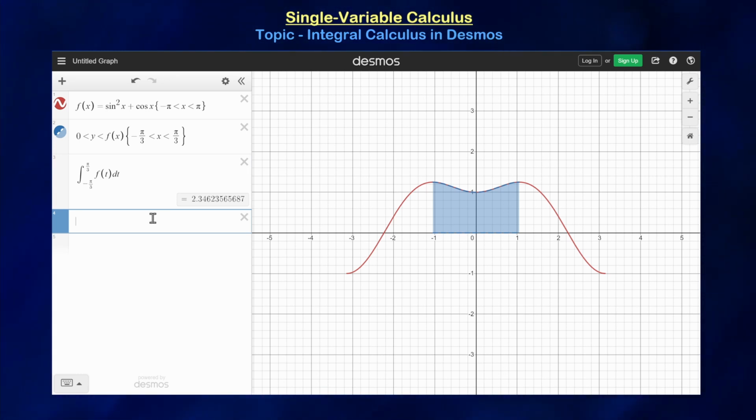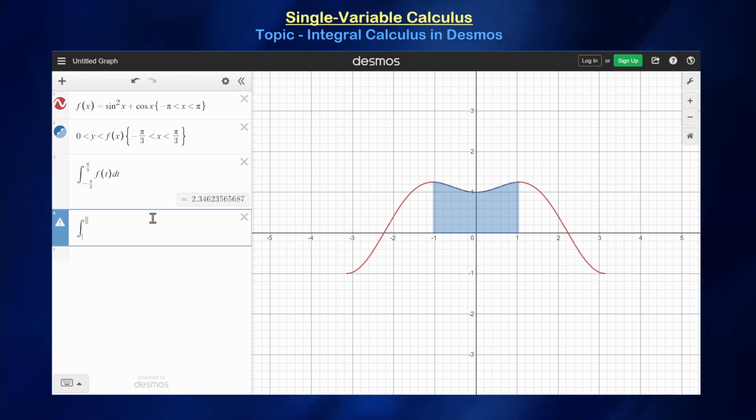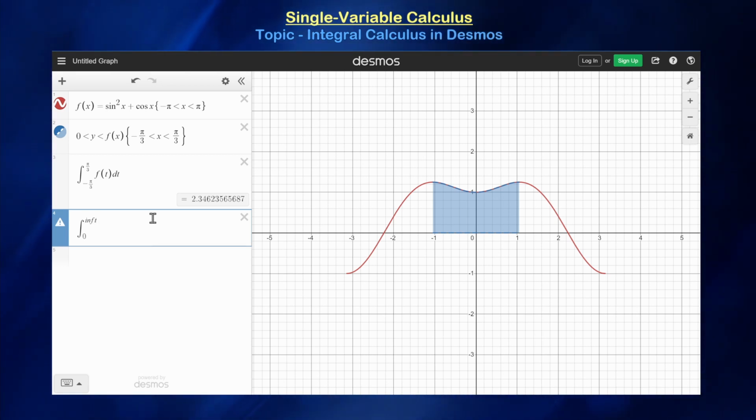Now, in case you're familiar with improper integrals where the lower or upper bounds can be positive or negative infinity, Desmos can easily do that. So for example, let us assume we want to do the integral. In case you don't know how to do the integral in Desmos, it's i, n, and once you press t, the integral will pop up. Let's assume we want the integral from 0 to infinity.